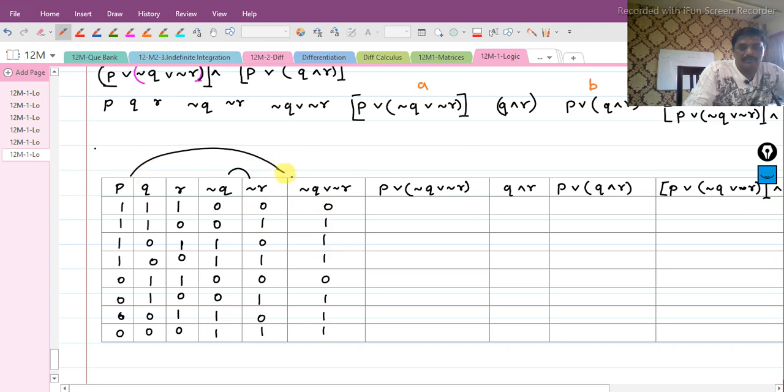P or this: 1 1 1 1 0 1 1 1. Q and R: 1 0 0 0 1 0 0 0.